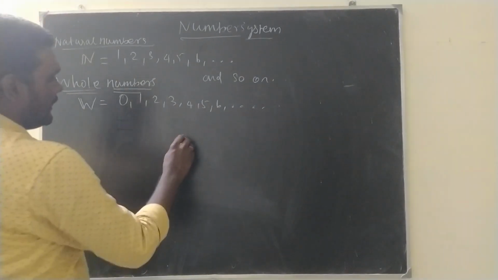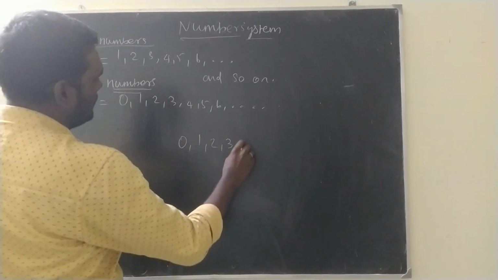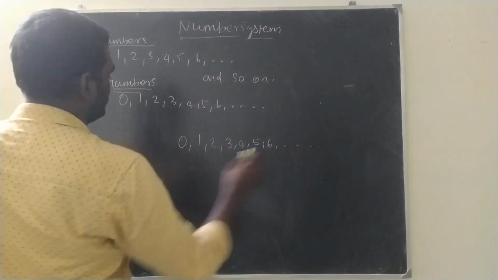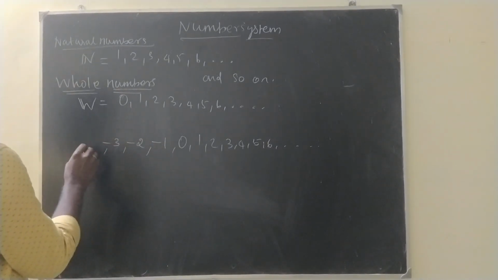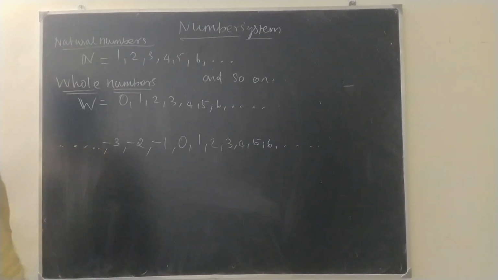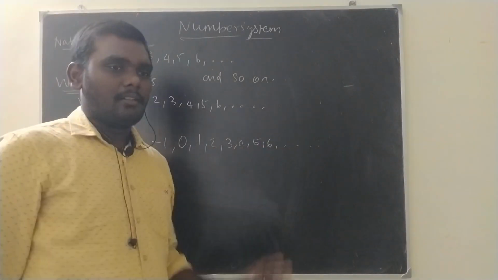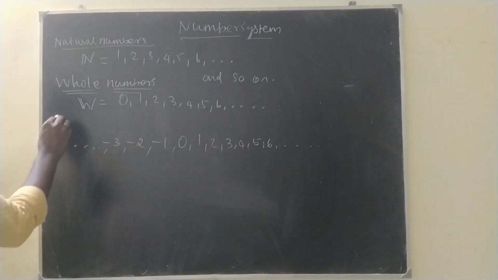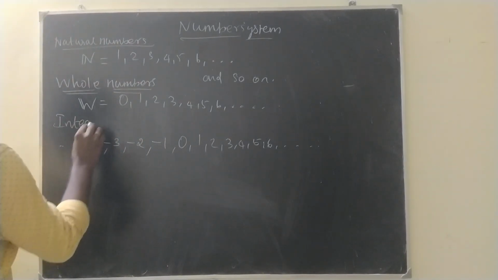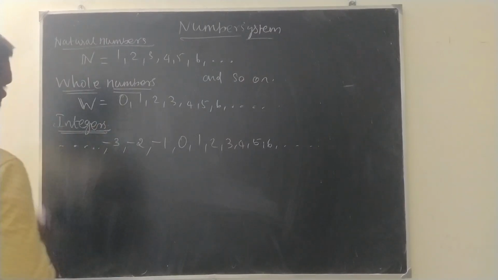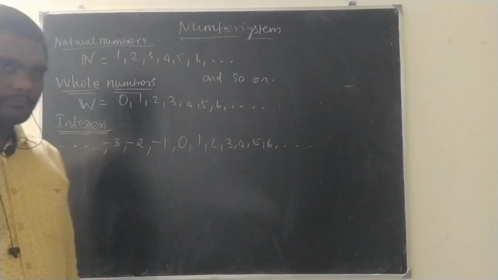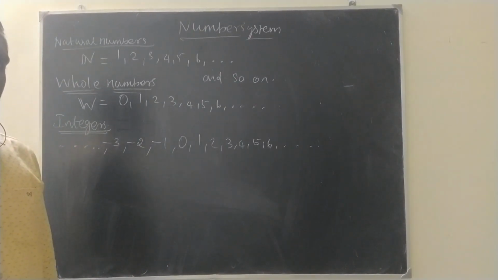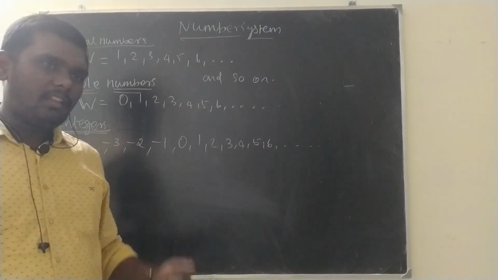So along with the existing set, we are including negative numbers as well. It starts with -1, -2, -3, and so on it goes. And these types of numbers are called integers. And guess what? How can we denote this? Think, common sense.